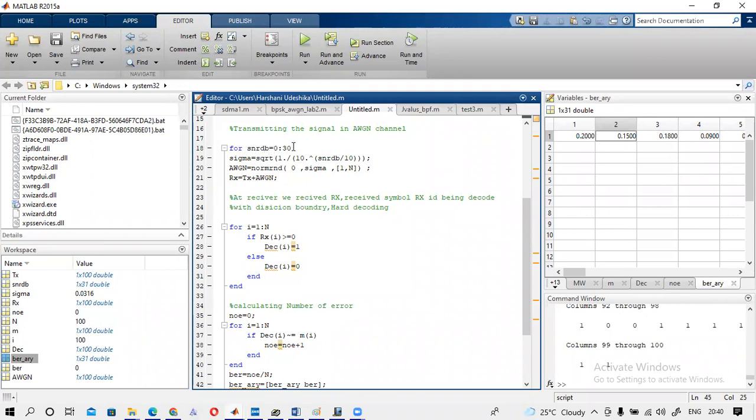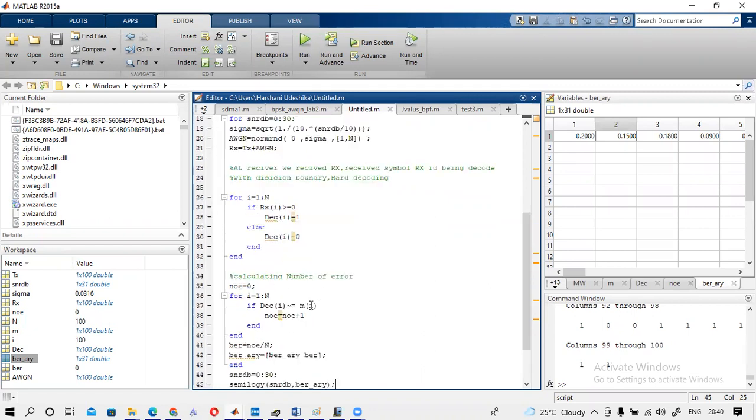You can directly find the values for this SNR dB value from 0 to 30, and you can plot that in the same graph, so you can compare your simulated value with your theoretical value.